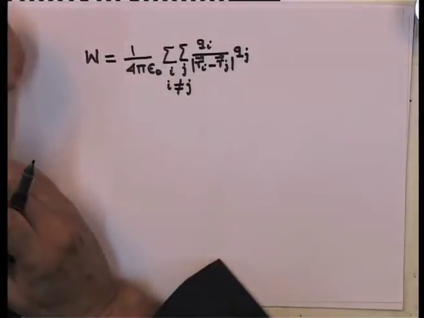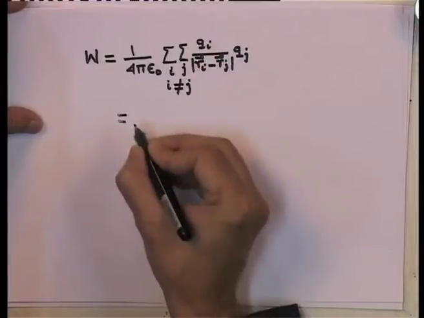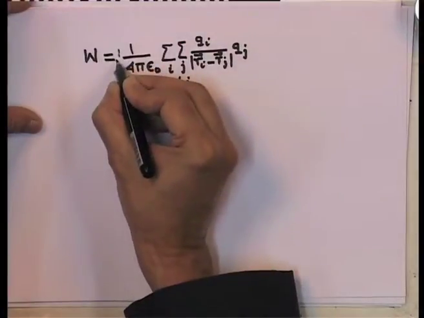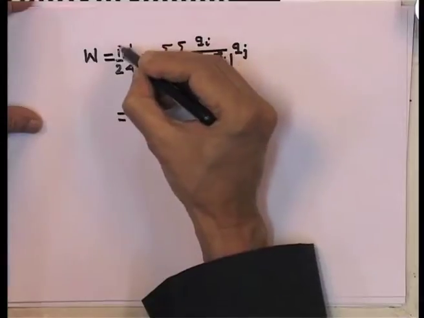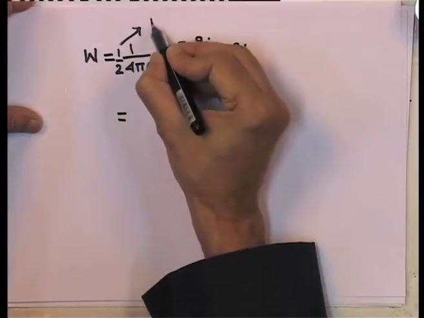In this way of writing the sum, I have done a double counting, because there is a double sum. So, each term is counted twice. It is not true that there is a separate term for interaction between i and j and that between j and i. So, to avoid this double counting, I need to put in a factor of half in this sum as well. So, this is the factor to avoid double counting.